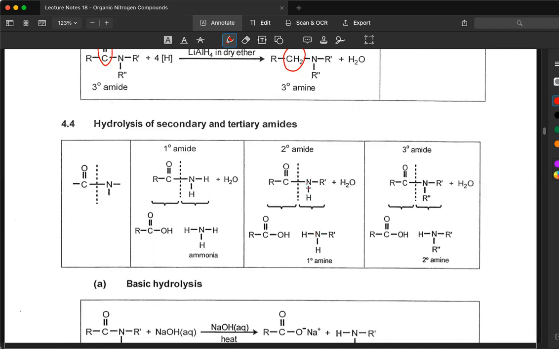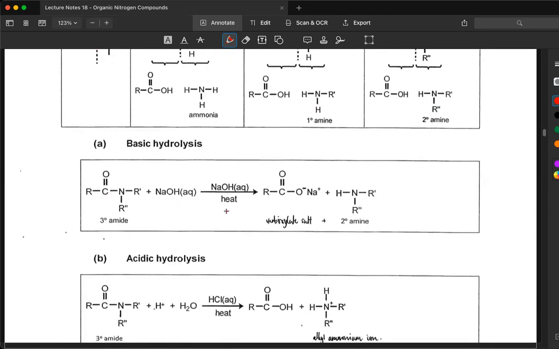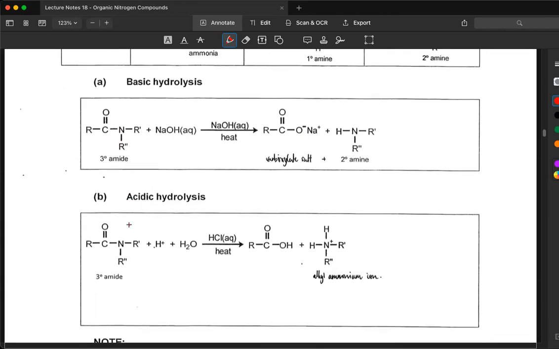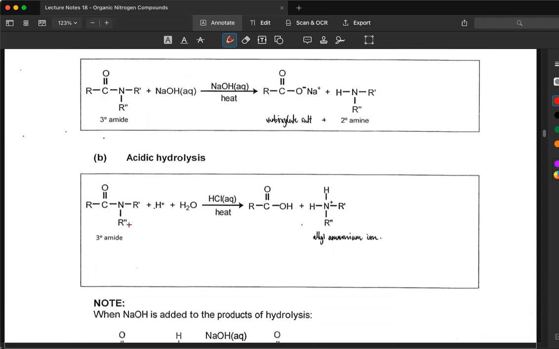So this is secondary amide where you only have one H. Tertiary means no H on the N. Or it can be from basic hydrolysis, where you will start from tertiary amide. Okay, you release this part. Or acidic hydrolysis, but then the amine will form the ammonium salt, ammonium ion, which is protonated.